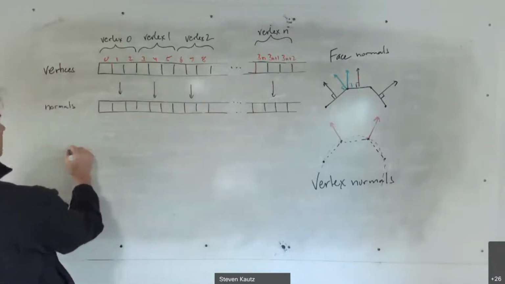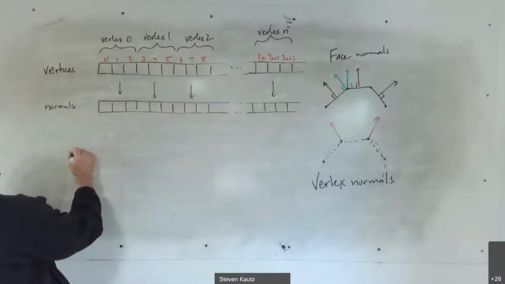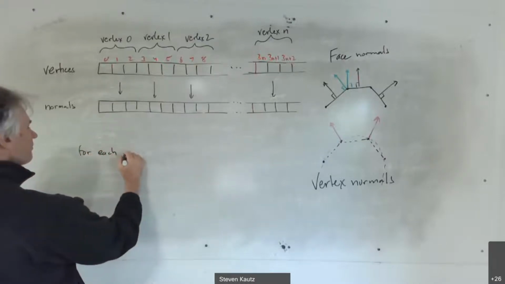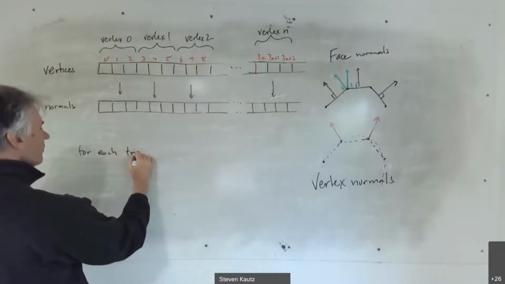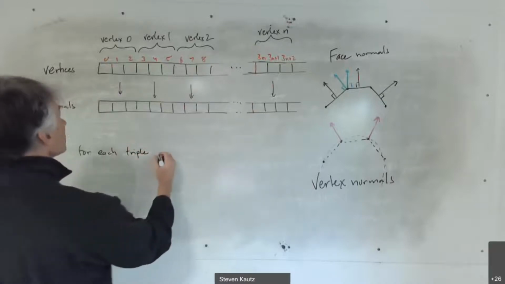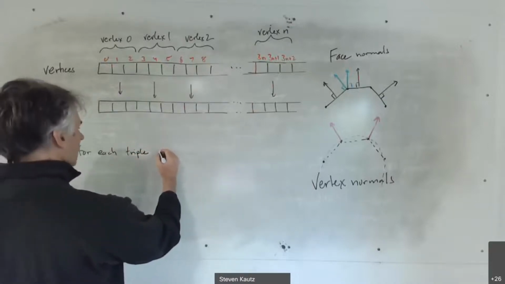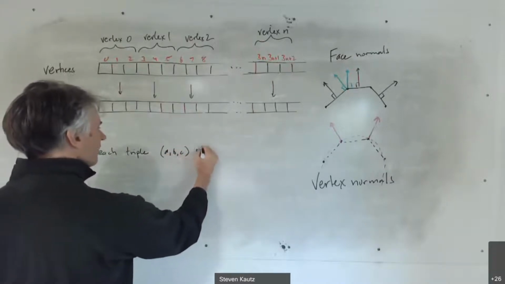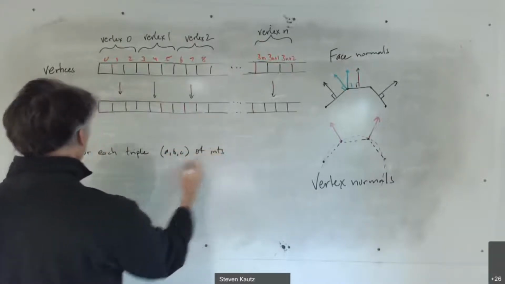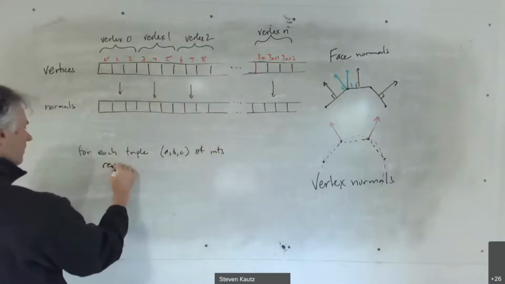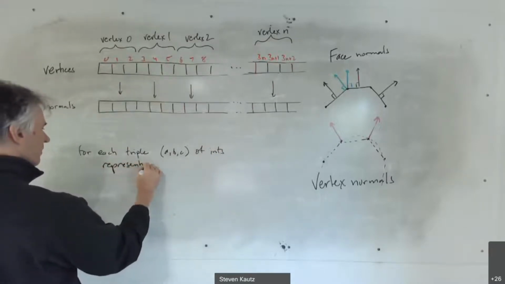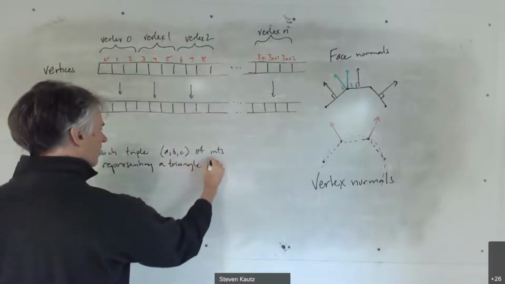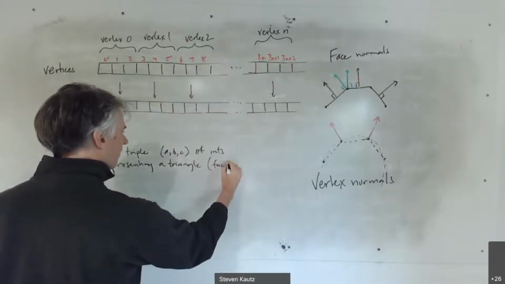Let's see if I can sketch it in pseudocode without getting confused. For each triple, and let's just, for lack of a better idea, A, B, C of integers representing a triangle that is a face.